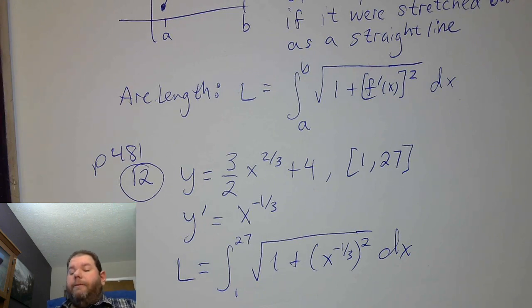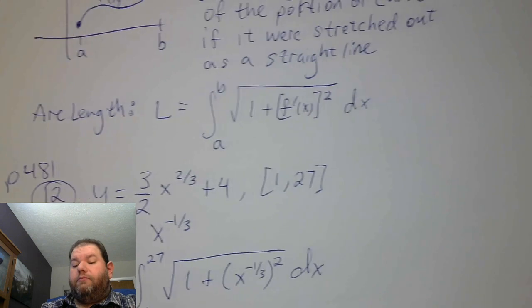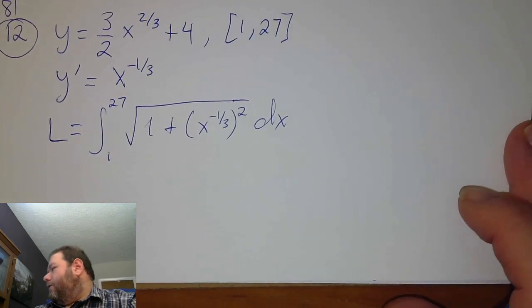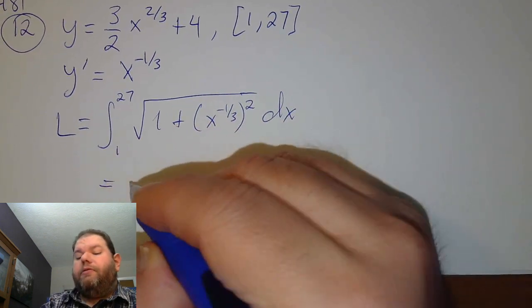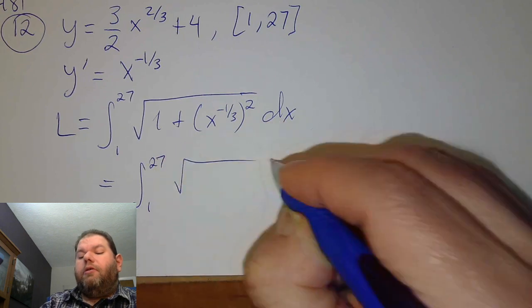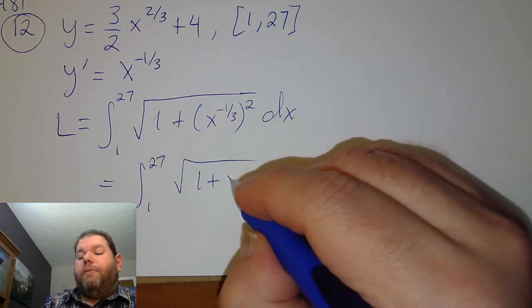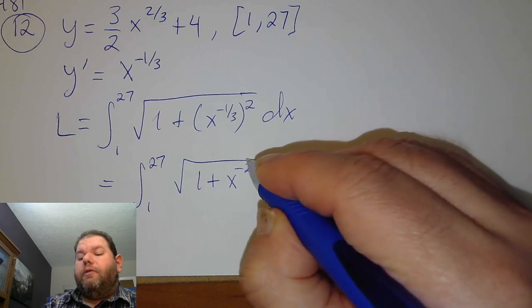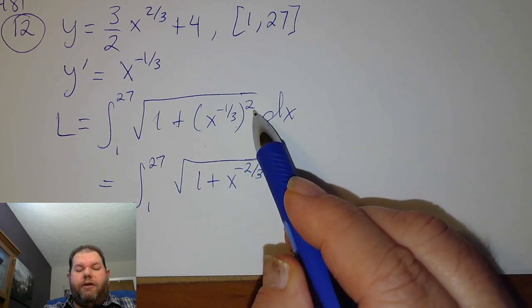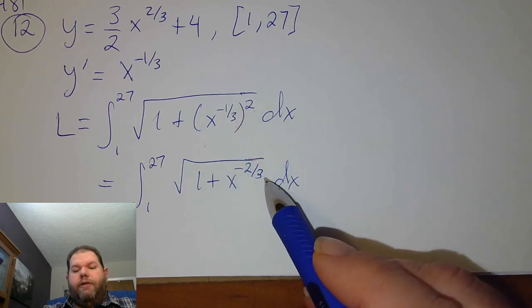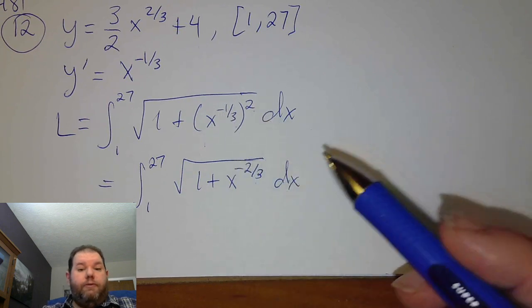Now, if we go ahead and square that term, that would actually be x to the negative 2/3, because if we have x raised to a power raised to another power, we just multiply those two powers together. Negative 1/3 times 2 is negative 2/3.